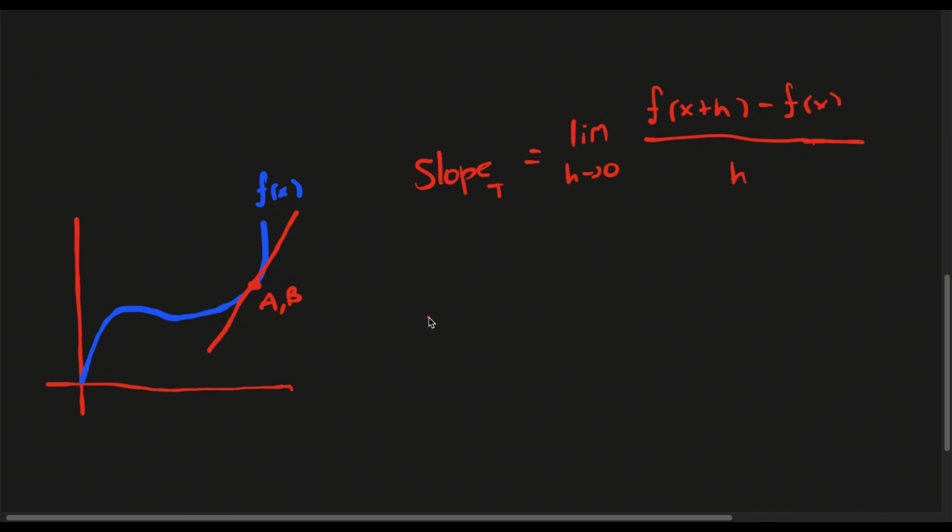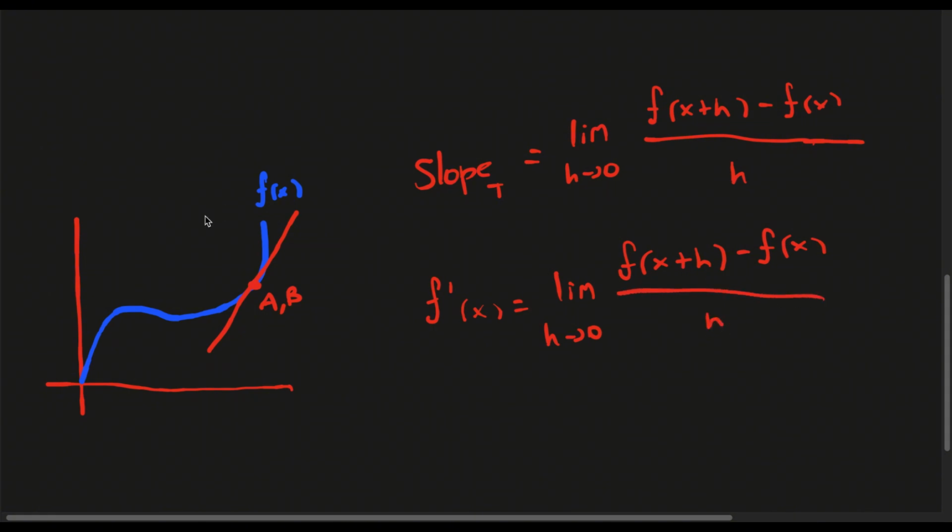So now we can just rewrite this as f prime of x is equal to the limit as h approaches 0 of f of x plus h minus f of x all over h.